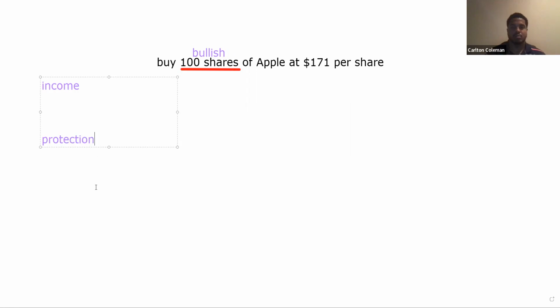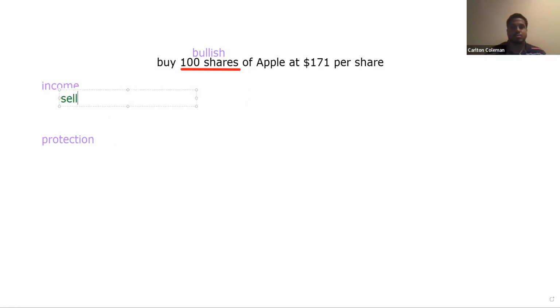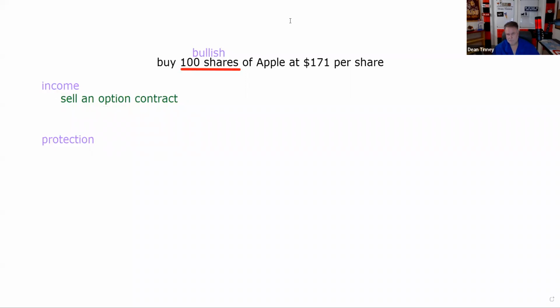If I'm interested in income, I want to bring some money in, so I'm going to sell an option contract. I'm going to do an opening sale. I'm going to go short. And if I'm interested in protection, I'm going to buy an option contract.